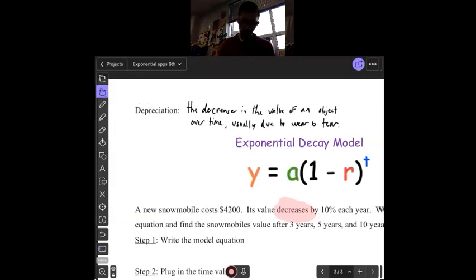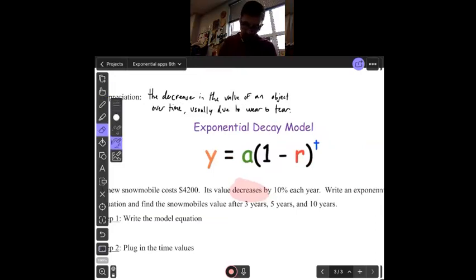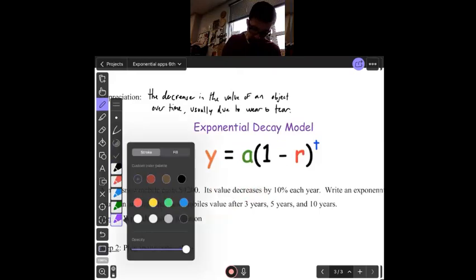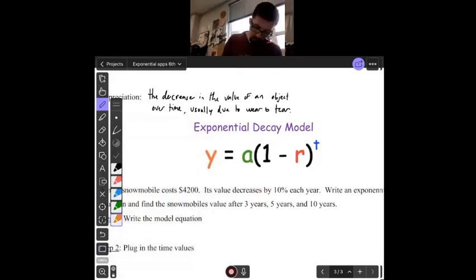So for that first example we're doing, I'll relabel these for you. Y would be the amount, or it could be a population still. You could look at a declining population. So Y is the amount or population at a given time. A is still the initial amount or population.